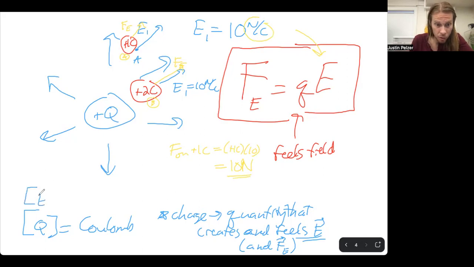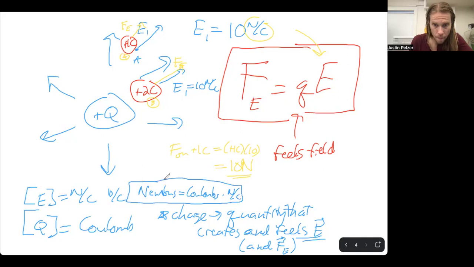There is no special unit for electric field because newtons equals coulombs times newtons per coulomb in this equation. Right, so the force on the 1 coulomb charge is 10 newtons.